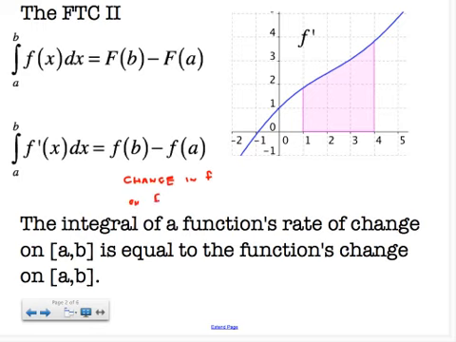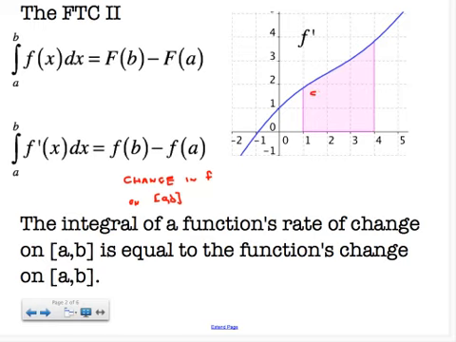And so we can interpret now the integral of a rate of change, which is what I have here, the integral of f prime being the rate of f, is equal to the function's change on the interval a to b. So if I have a curve that's a derivative, as I do in this picture here, this area from 1 to 4 actually has some meaning.